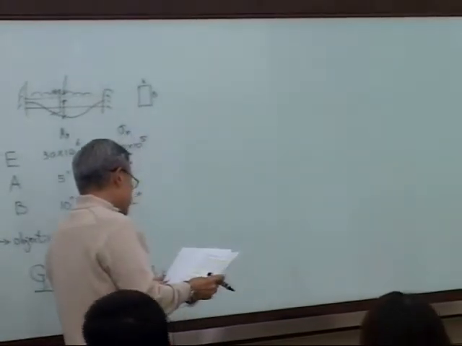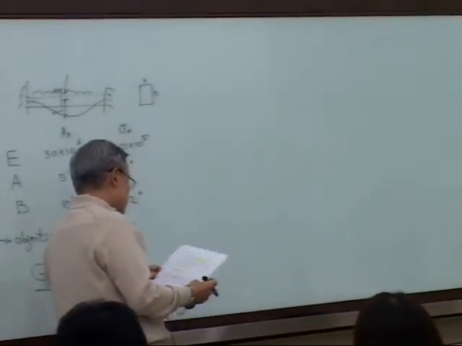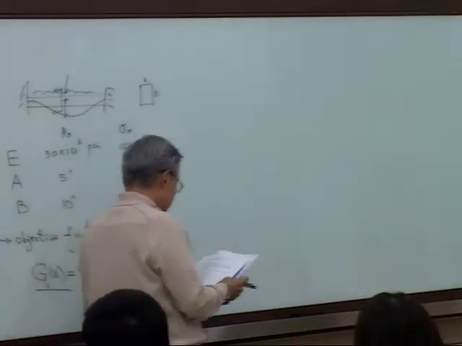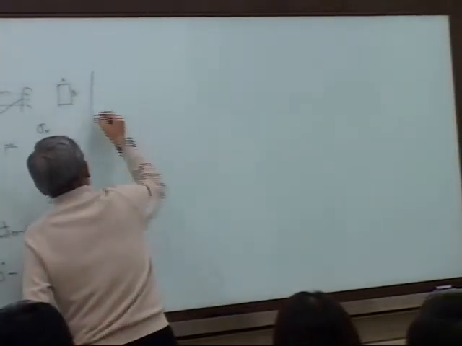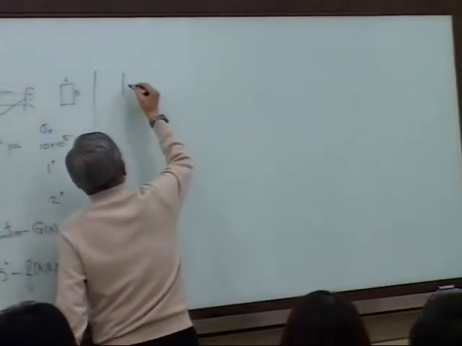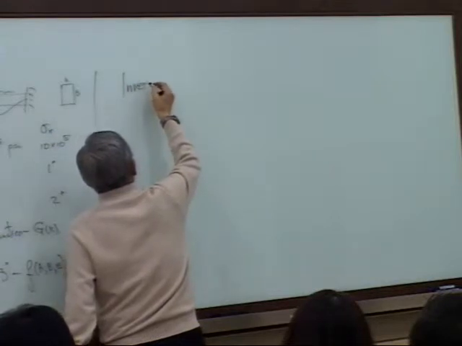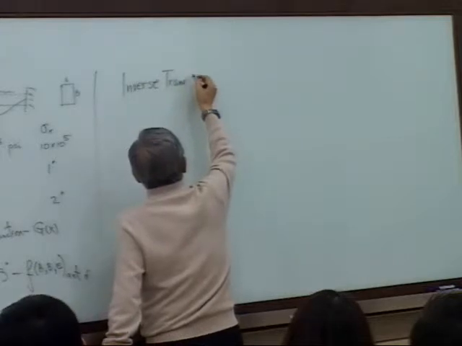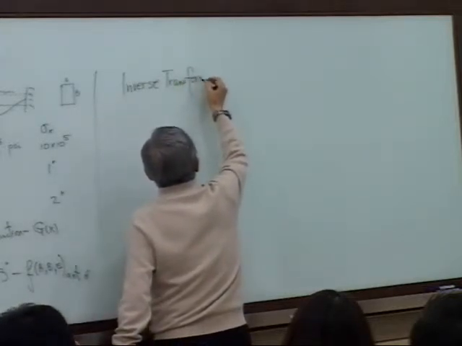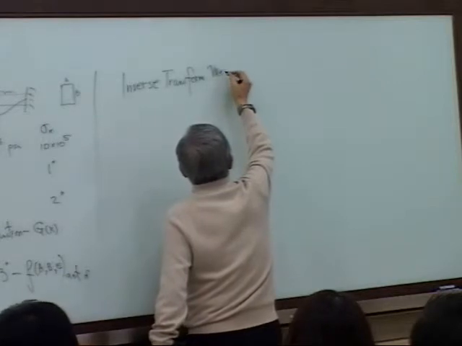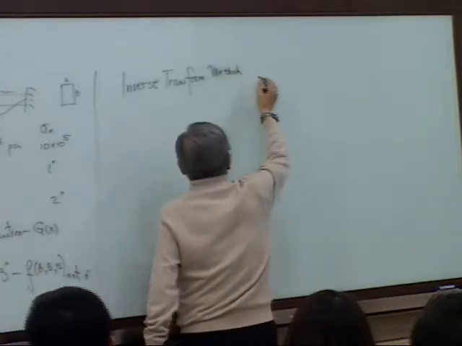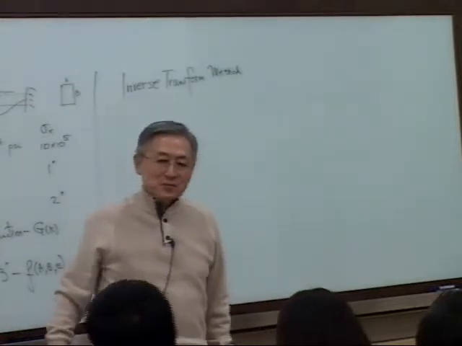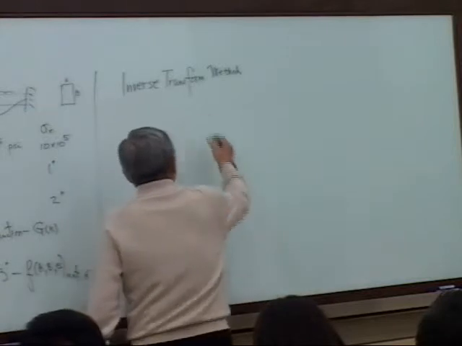If you look at the textbook, it shows pretty nicely what is called the inverse transformation method. I don't know why they put all that name, but it's pretty nice.